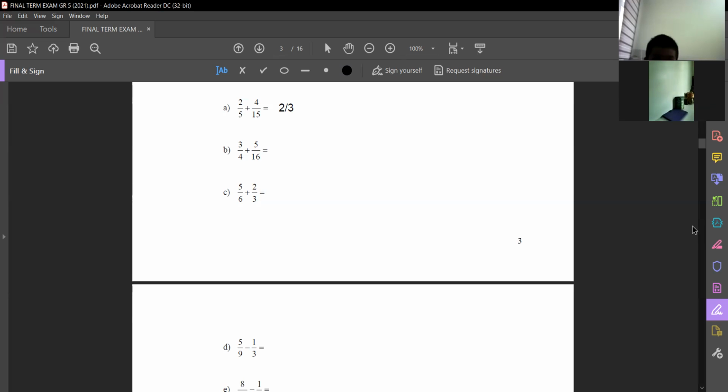But my grade 5 students, few of the students, leave the answer as an improper fraction, 17/16. So how can you expect me to give the marks?